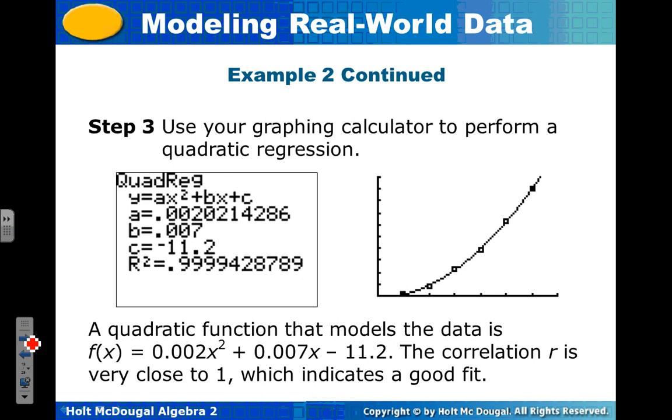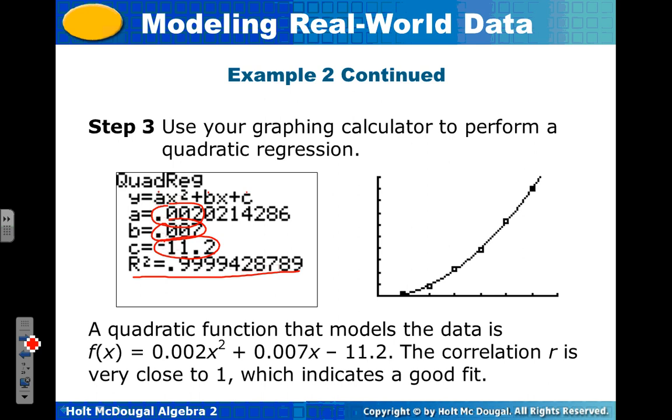It's going to tell you A is 0.002, B is 0.007, C is negative 11.2. You're going to plug all those into this equation. And then your correlation coefficient, R squared right here, is 0.999994287, which means the data is pretty close to this line. But you could see on your scatter plot here, it's slightly off. It's not exactly on it.